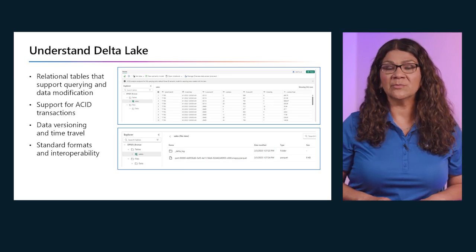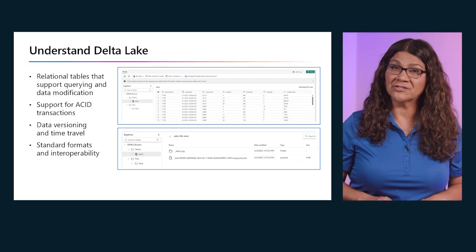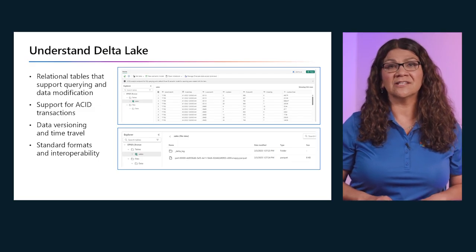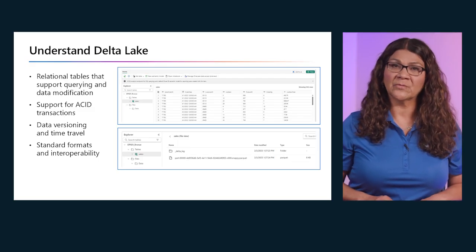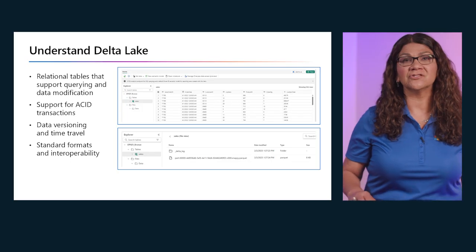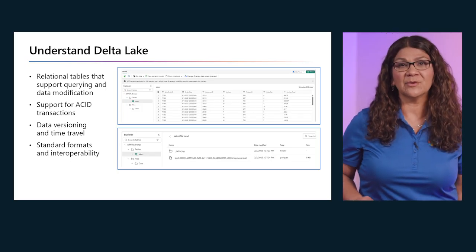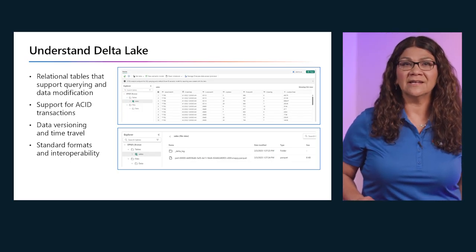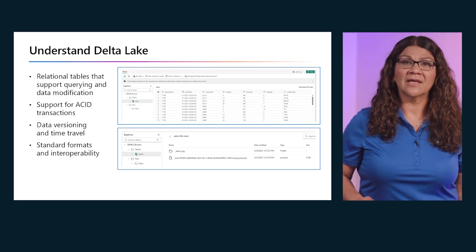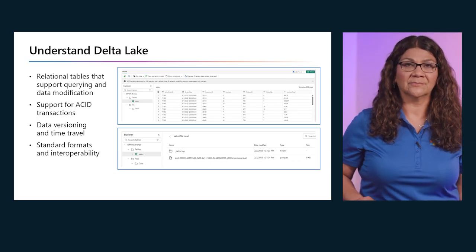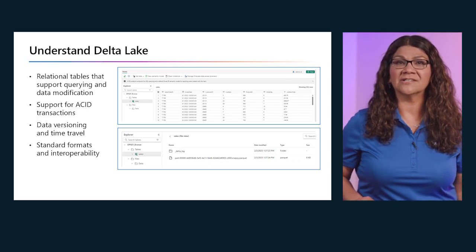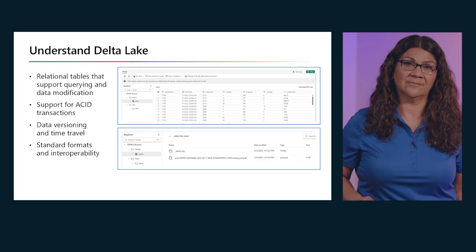Specifically, Delta Lake tables are schema abstractions over the Delta files that are stored in Delta format. For each table, the Lakehouse stores a folder containing Parquet Delta files and a Delta log, as shown here, where the transaction details are logged in the JSON format.